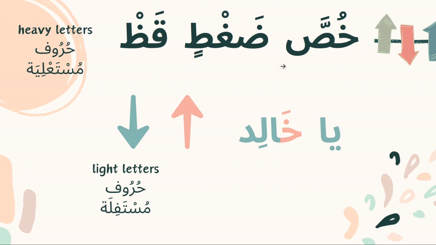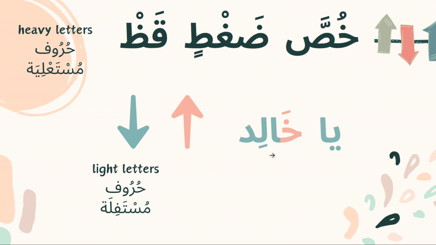Okay, so these are 7 letters. We do have the ra, we do have the lam, but sometimes the ra is heavy, sometimes it's light, and the lam, there is just one case it is heavy, otherwise it is not. We're going to talk about this later, but these are the heavy letters, al-huruf al-musta'liya.